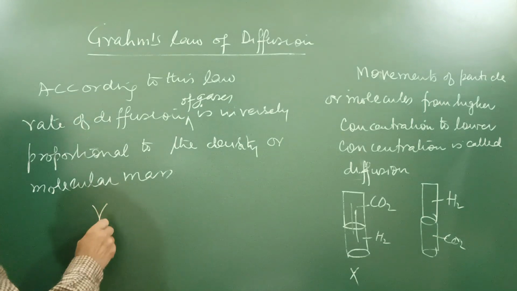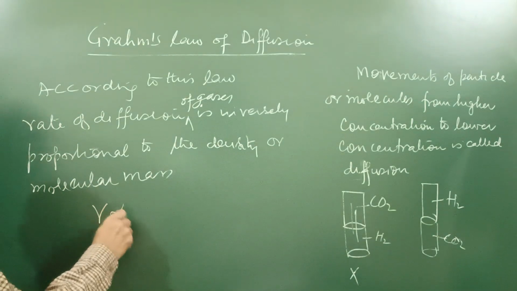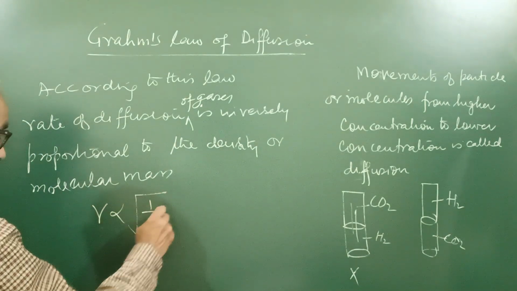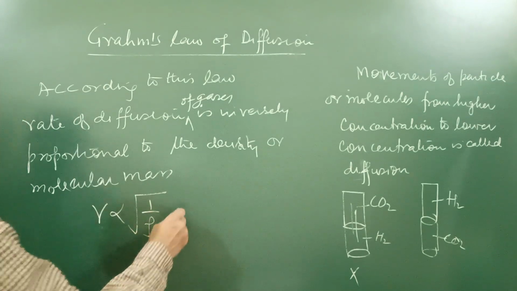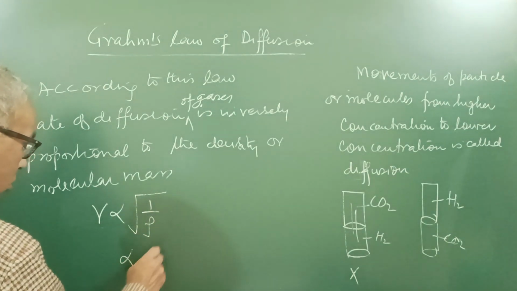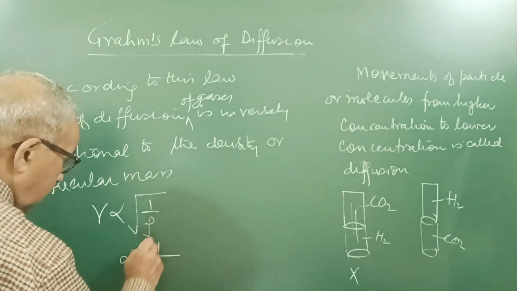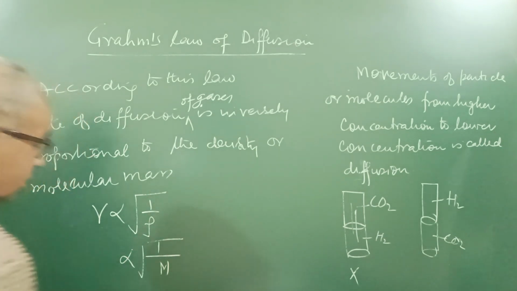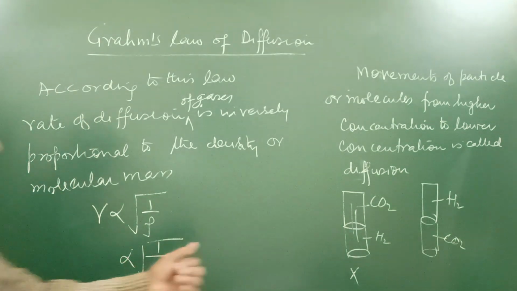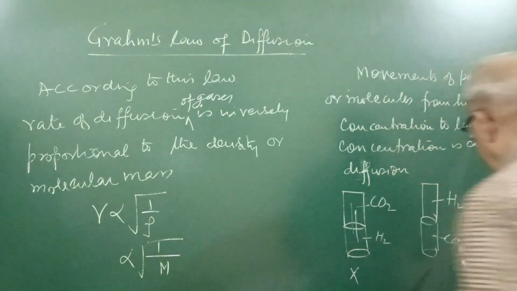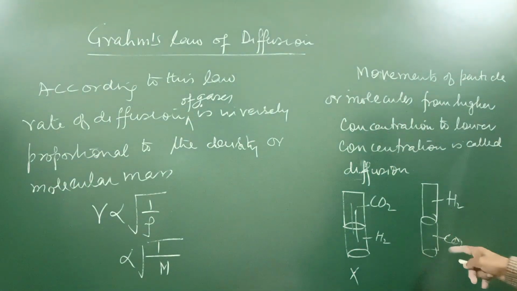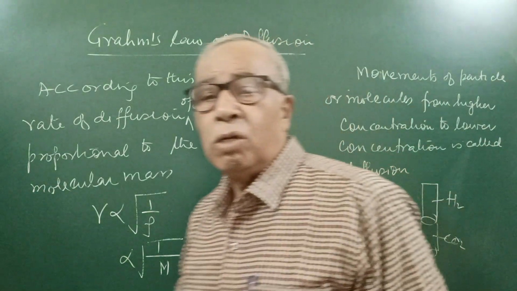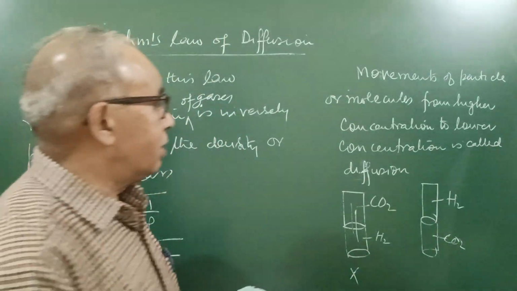That is, rate of diffusion is proportional to under root 1 upon rho, density, or proportional to 1 upon M, molecular mass. So okay, if here we had nitrogen instead of CO2, the diffusion rate would have been more than this one. This is that thing. I hope you have got my point.